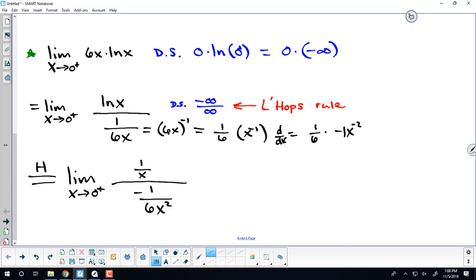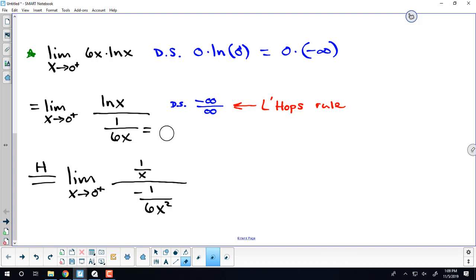If you use the, oh, I can't remember the name of the rule. Quotient? Yeah, I'm assuming so, right? The bottom times the derivative of the top minus, etc. You don't get a negative in that sense, do you?